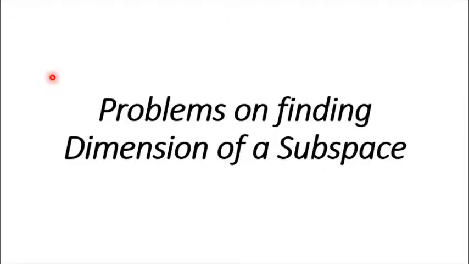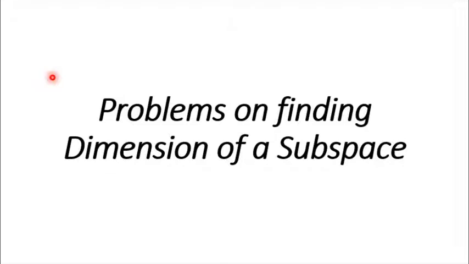Then why are we not trying to find the dimension of vector spaces? We have seen the standard vector spaces, right? R2, R3, R4 and so on, Rn. Their dimensions are clearly standard. R2 dimension is 2, R3 dimension is 3. Whereas P1, P2, P3 and so on.